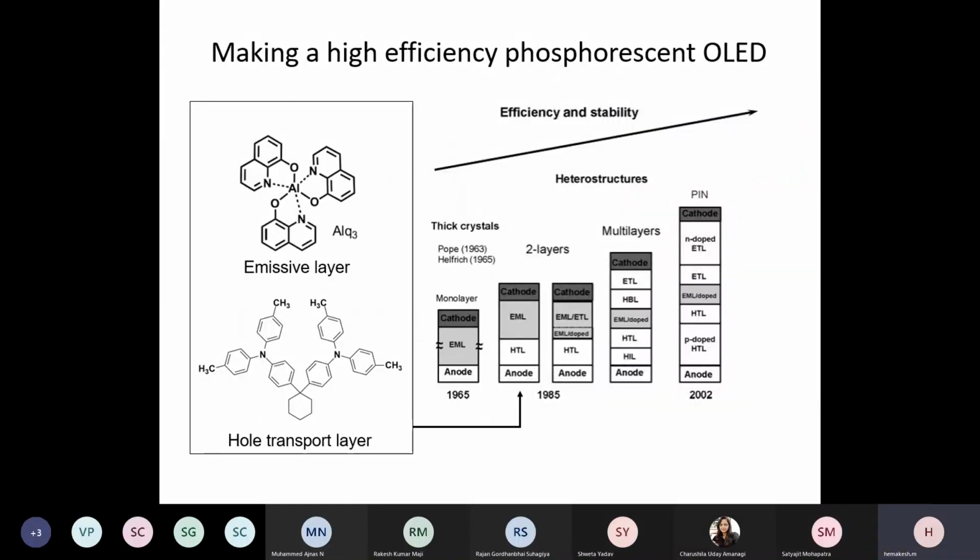The earlier devices were studied in the 60s to 80s, and since then there have been more and more complicated designs of organic LEDs. The one we talked about was already studied in the 1980s, and since then more and more complicated devices have been studied.